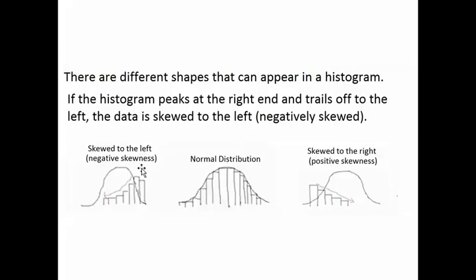Skewed to the left means that it actually peaks at the right end and trails off to the left, and skewed to the right means it actually peaks at the left end and then trails off toward the right direction. So these names can be a little bit misleading because it's not named after the side that it peaks on, it's named after the side that it trails off toward.